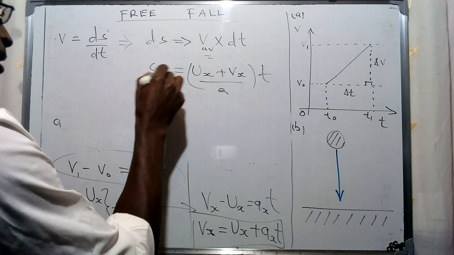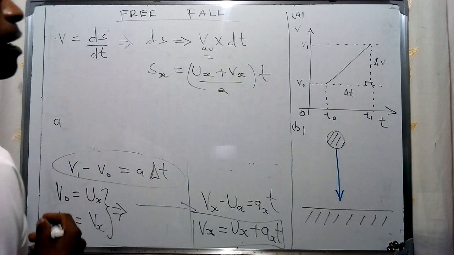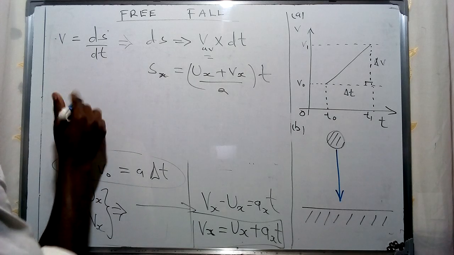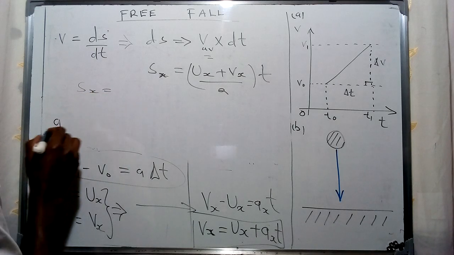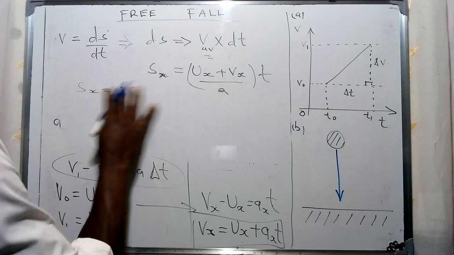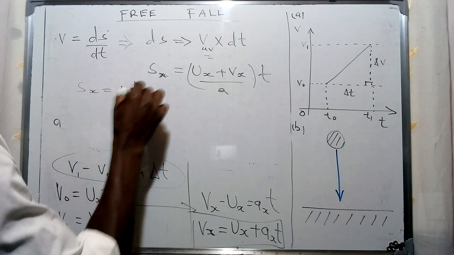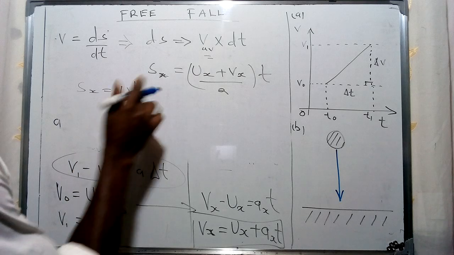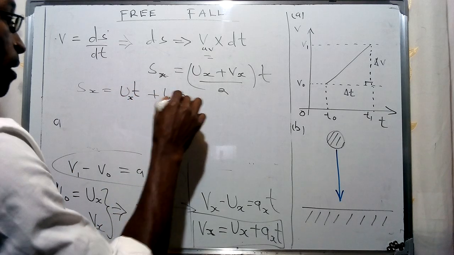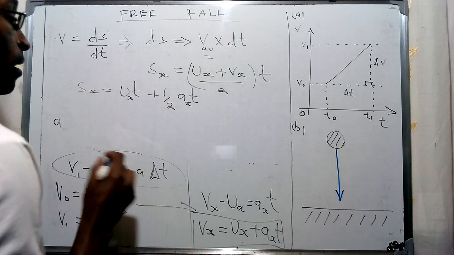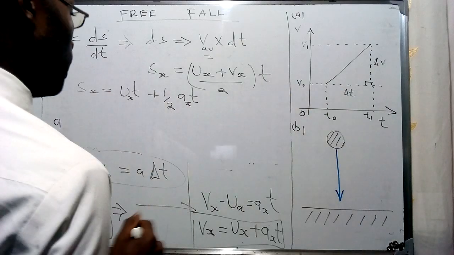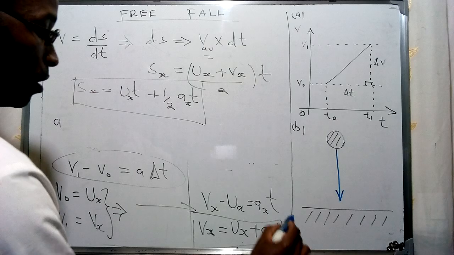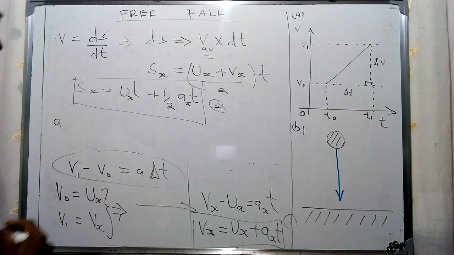So this gives us the displacement along the x-axis. If we evaluate this, we see that the total distance traveled is the product of the initial speed times time plus half the product of acceleration along the x axis times time squared. And this gave us the second equation. So this was our first one. This was our second one.